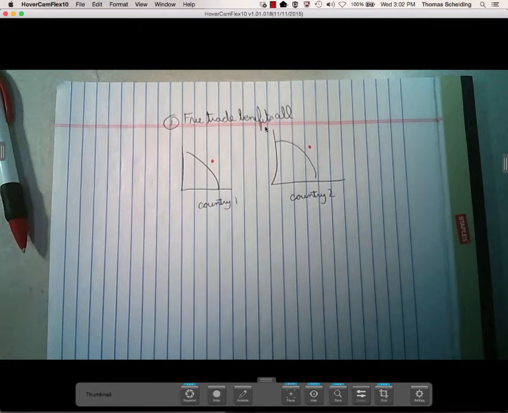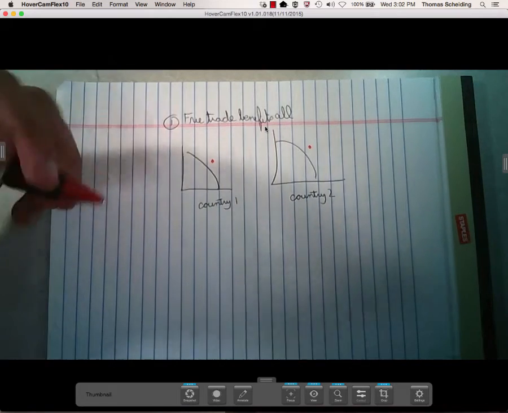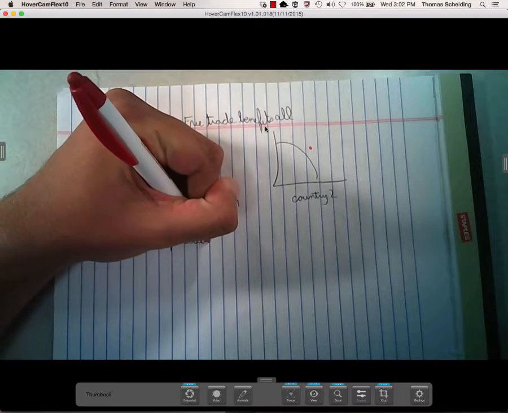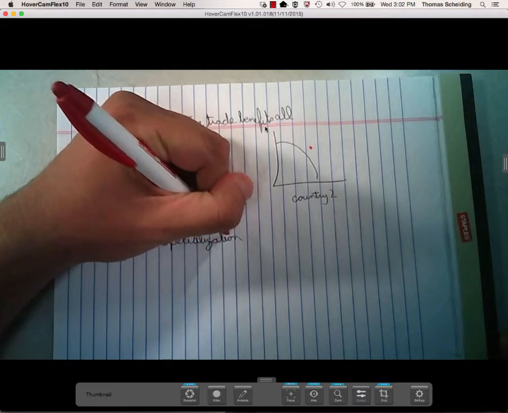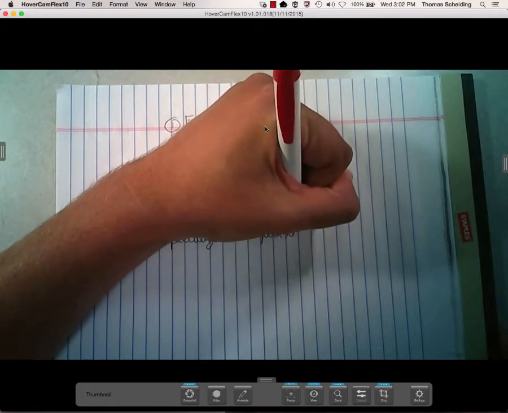Now, what we had said after this general statement is that specialization is essentially a good thing.